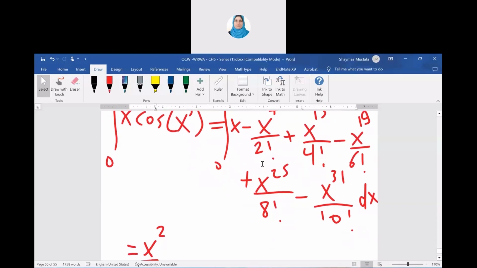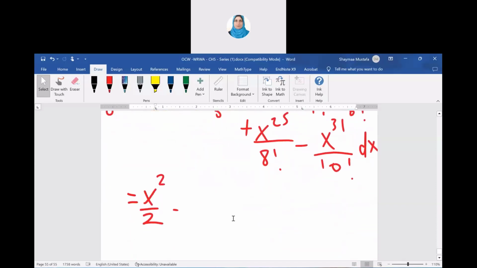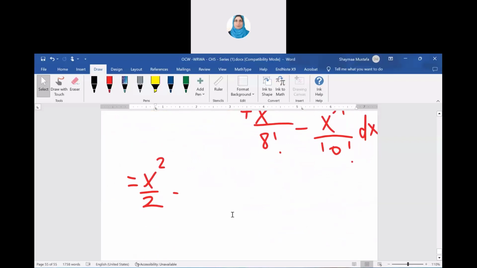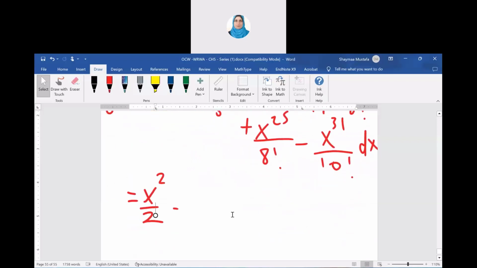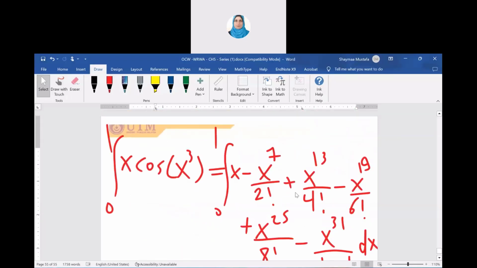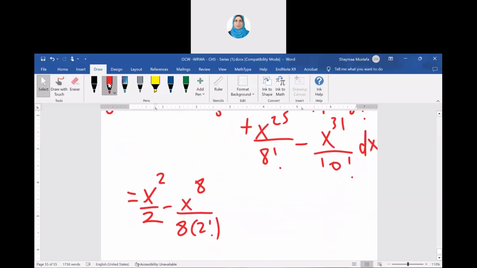The integration of x to the power 7 over 2 factorial is x to the power 8 over 8 multiplied by 2 factorial, and x to the power 13 is x to the power 14 over 14 multiplied by 4 factorial, and so on.